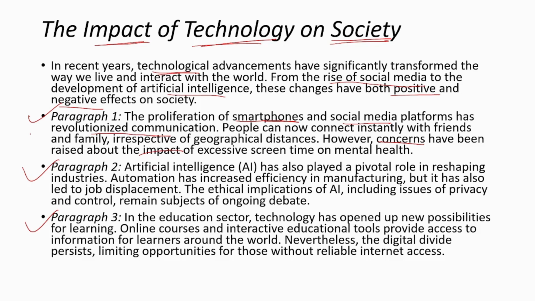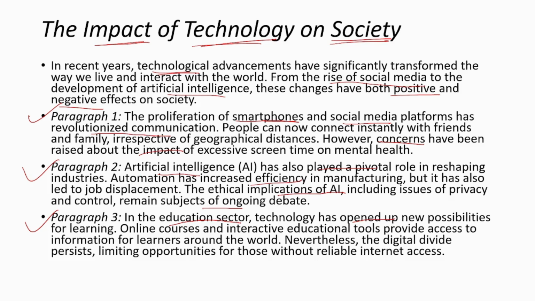The first paragraph tells you about this, whereas the second paragraph tells you about AI development, its role, how it is reshaping everything, how efficiency is improving, and what the different implications and problems related to AI are. Then the last paragraph is based on the educational sector, what the impacts are, and how it is opening new possibilities.